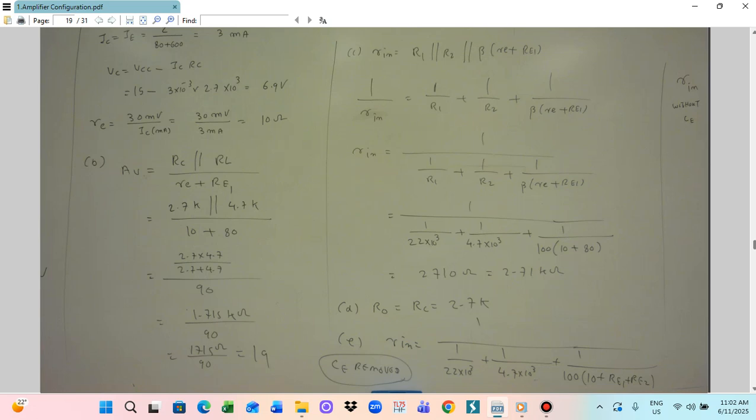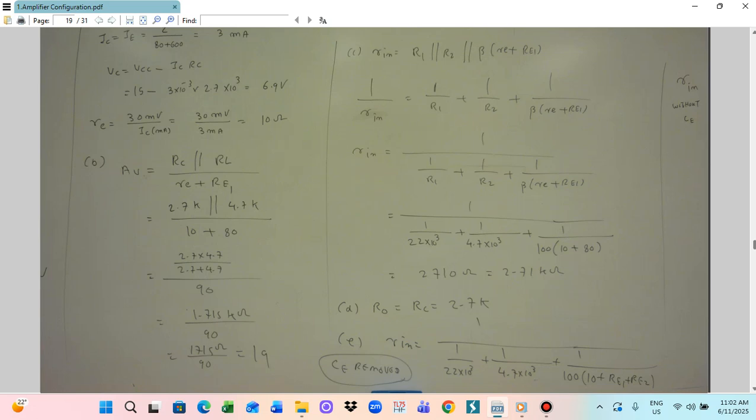And part C, we also need to calculate the input resistance Rin. The formula we use is R1 parallel R2 parallel beta into (re plus RE1). So this is our formula to calculate Rin.